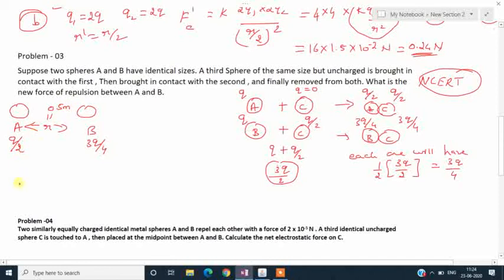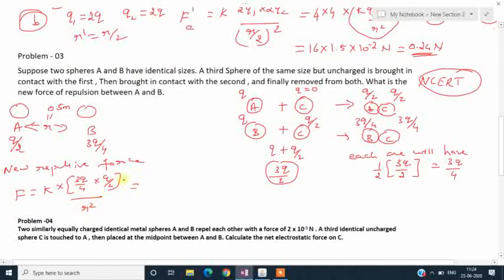Now if you find out the new repulsive force, F is equal to k into the charges, one is 3Q by 4, one is Q by 2, divided by r square.